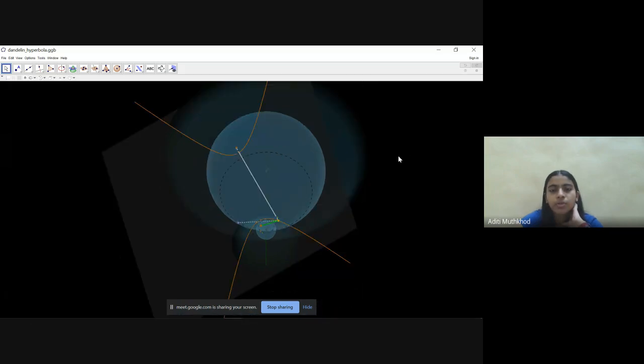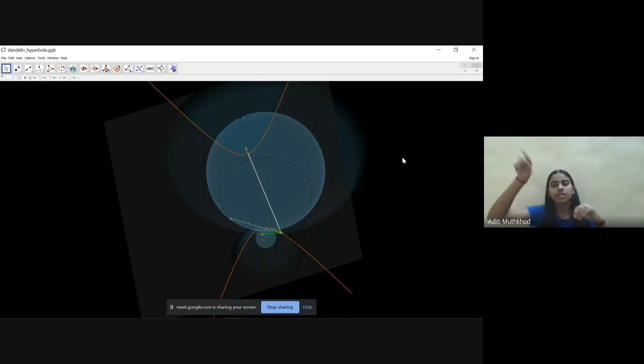And we want to prove that this kind of curve is actually a hyperbola, which means that for any point on the hyperbola, for example P here, it is true that PF2 minus PF1 is constant.